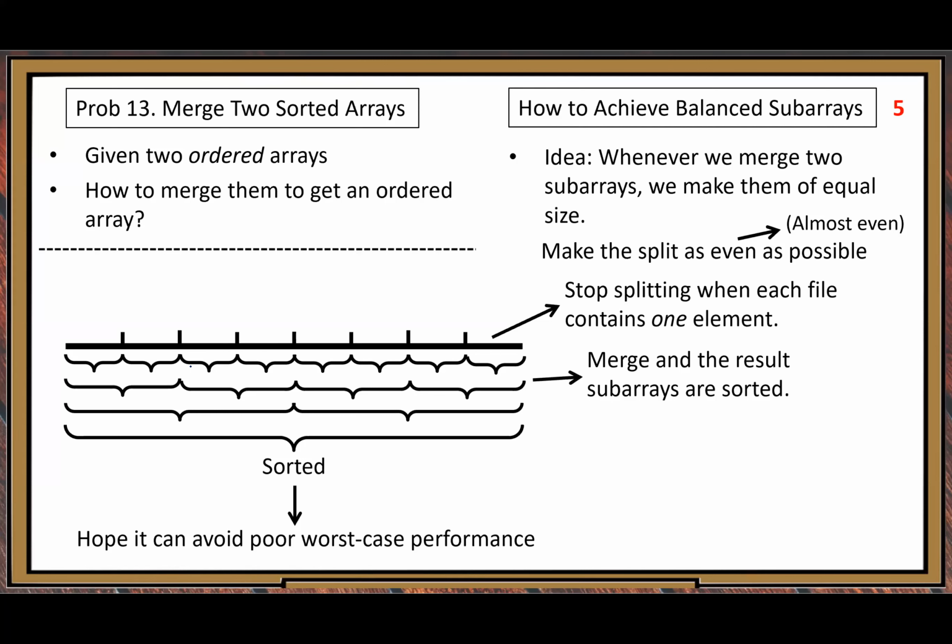We can avoid poor worst case efficiency. That's our goal here. To make the whole procedure work, we only need to solve that merge step, one typical merge step, merging two adjacent sorted arrays. Then we're done. If we can solve that general merge operation problem, then we solve the whole problem.